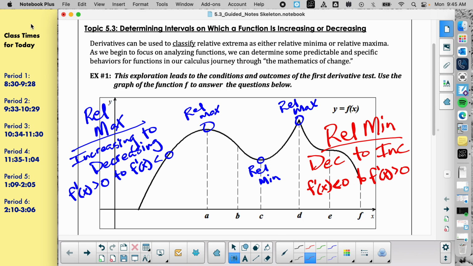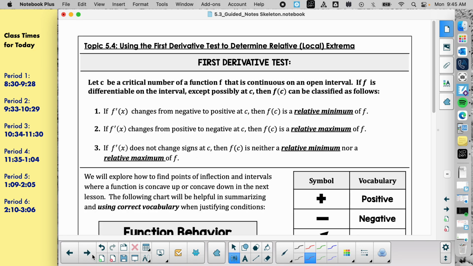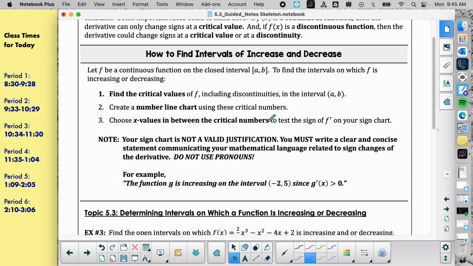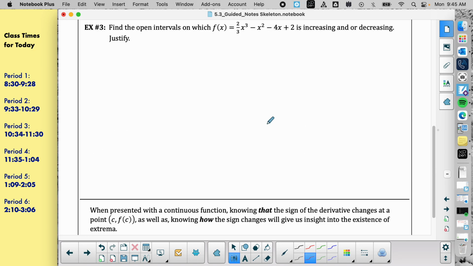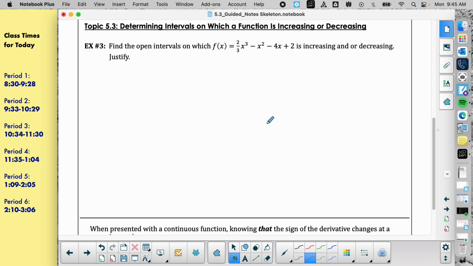Okay, so I presented a different way than this packet does, and I'm going to skip straight to example 3. I want to show you how we're going to do these. Now, the directions on example 3 say find where it's increasing and decreasing. We're going to add on to that, and we're also going to find relative extrema.